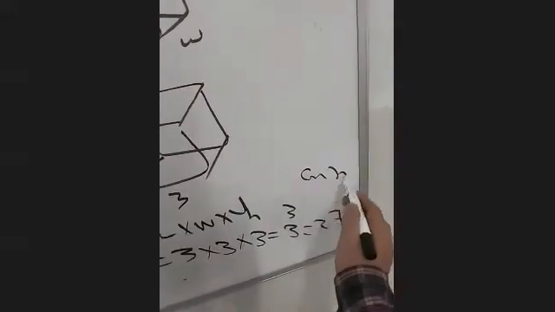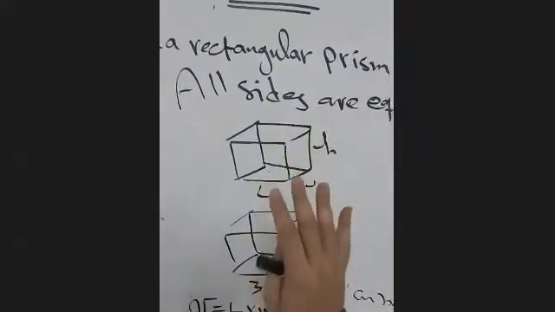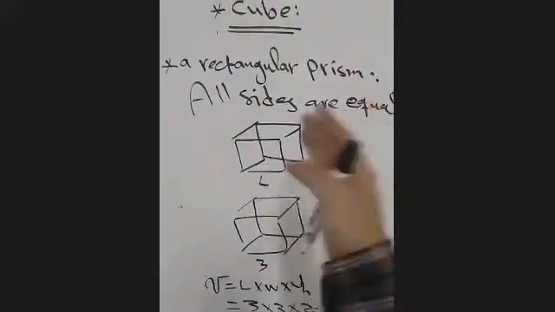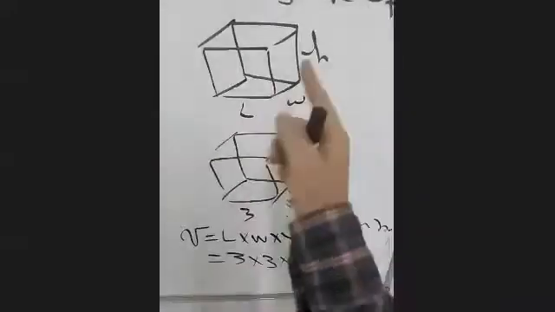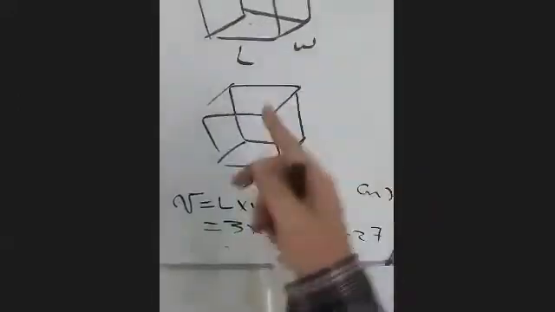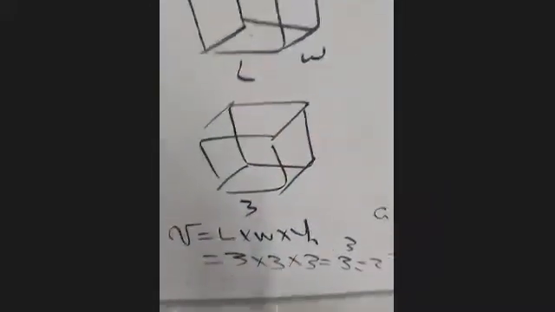Cubic units. Just to be sure that you didn't miss it: the cube is a rectangular prism, but all the sides are equal. If you know one side, then all the others are the same. If the side length is 3, then all are 3. Length, width, height, everything is 3. So you can find the volume easily.